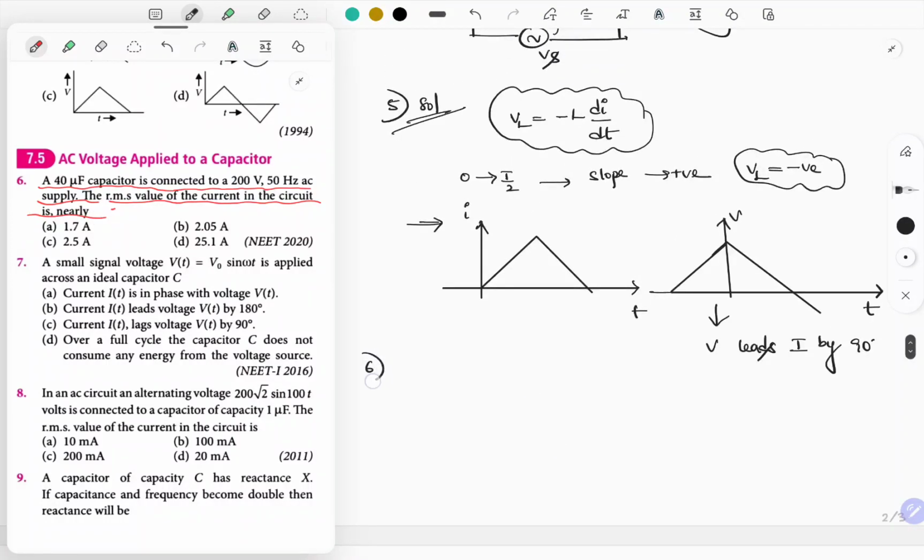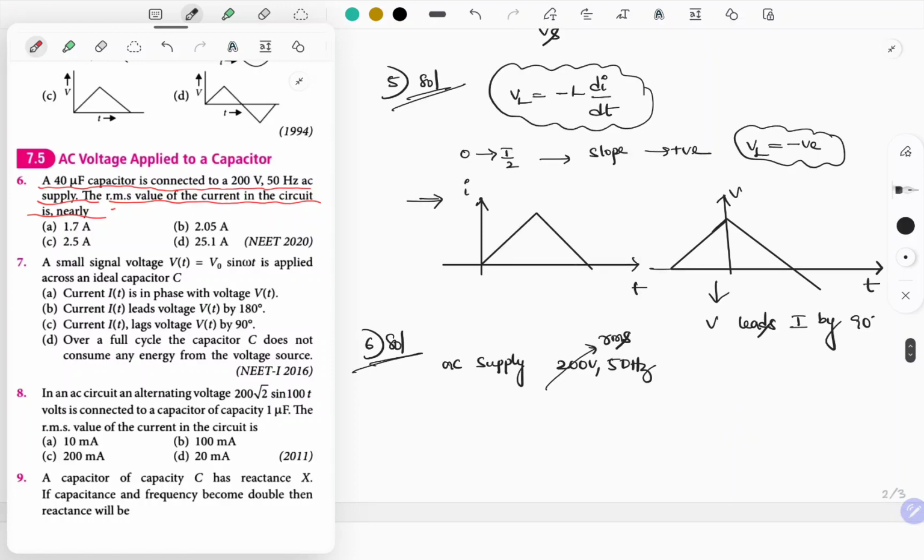Whenever they give the supply voltage as 200 volt and 50 hertz, that is the source supply voltage, the AC supply. You can blindly take it as RMS voltage. Supply voltage is always RMS voltage. If it is a peak value, they will definitely mention it in the question itself.